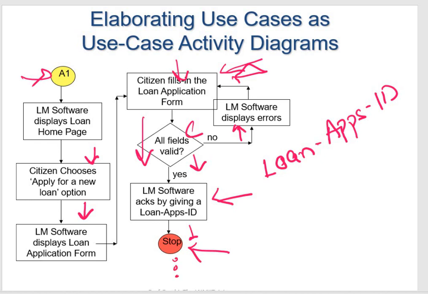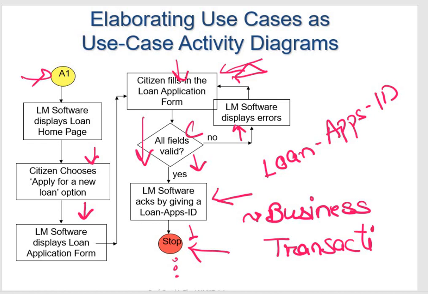Right, just like your customer ID is given or complaint ID is given, so loan application ID is given, or else this loan management software displays error and once again goes to this where citizen has to fill the loan application form. This thing continues and we reach to this particular stop condition.